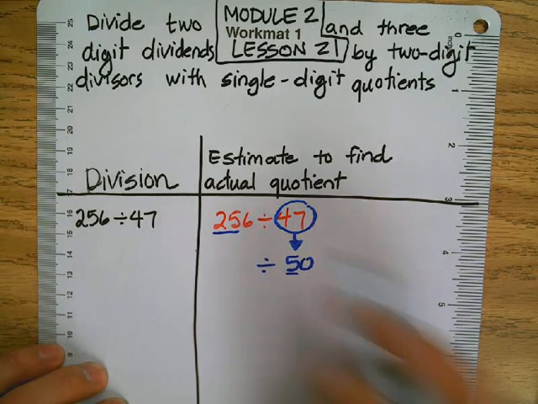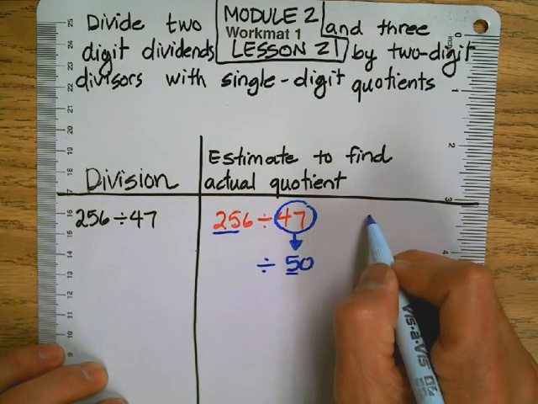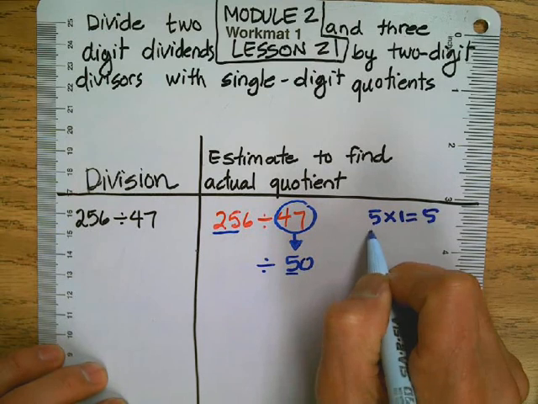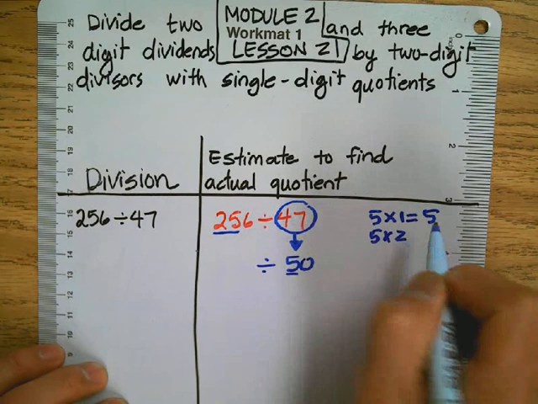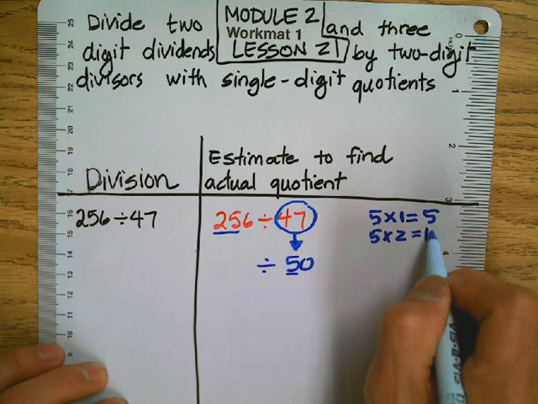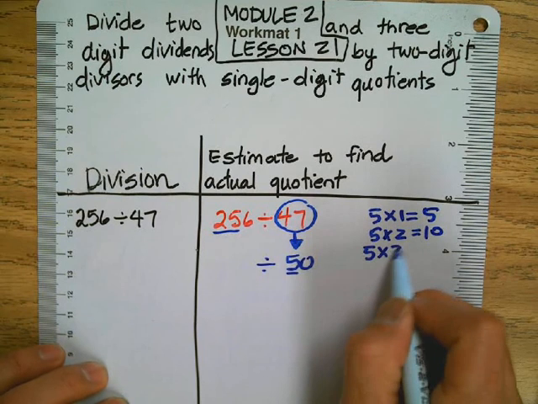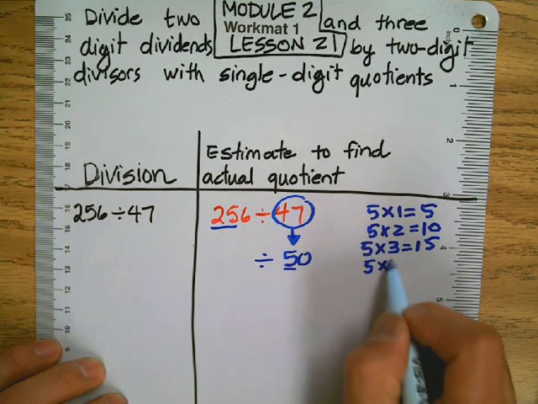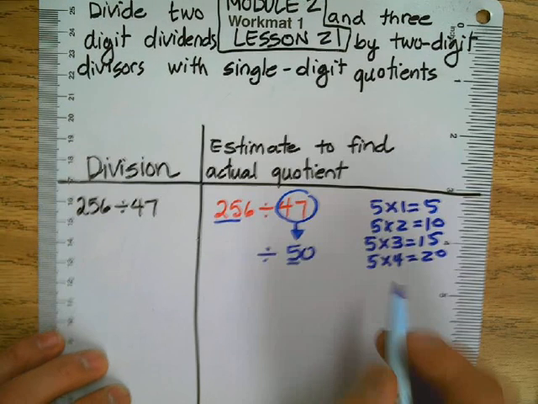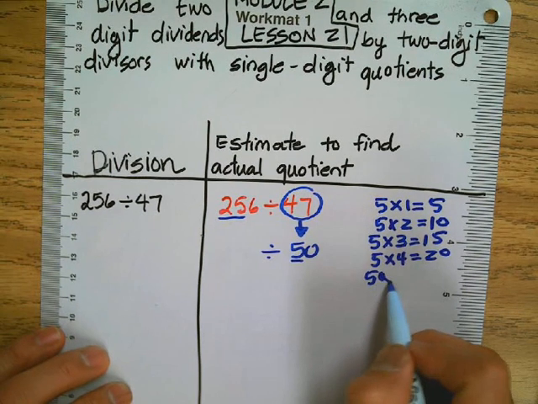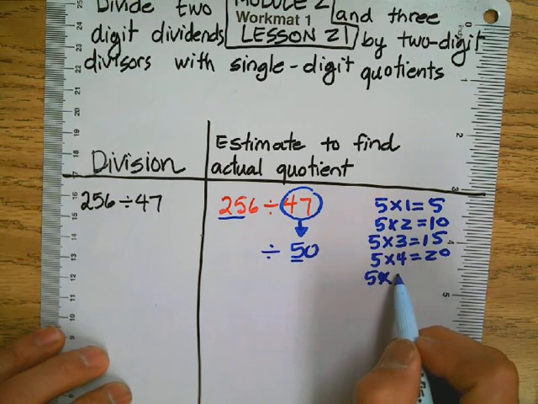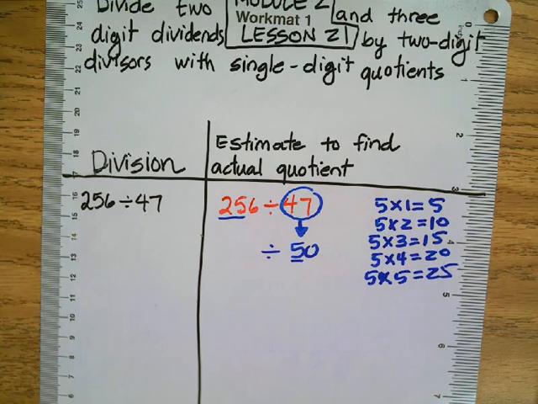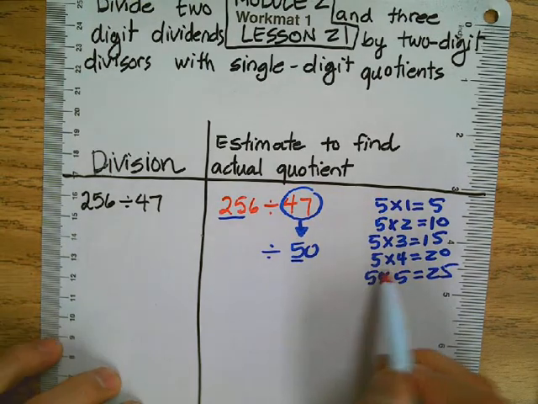Okay, so for example, if you start thinking about multiplication, you say, okay, 5 times 1 equals 5. 5 times 2 equals 10. 5 times 3 equals 15. 5 times 4 equals 20. And 5 times 5 equals 25.